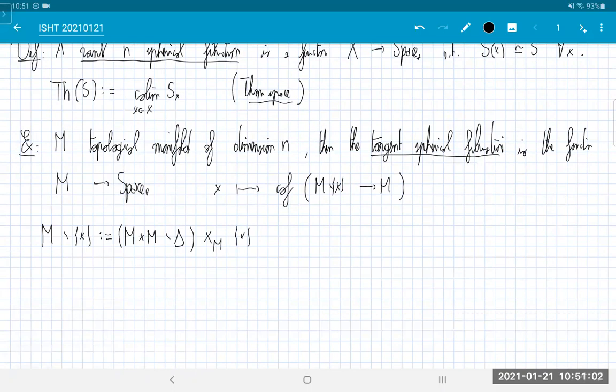If you believe in the existence of a natural transformation, well, you should believe it. Anyway, this is actually a natural transformation from the point to M. If you believe in the existence of such a natural transformation, which is just, if you want, the diagonal section induced by the diagonal section of this fibration, then you believe in the existence of this guy.